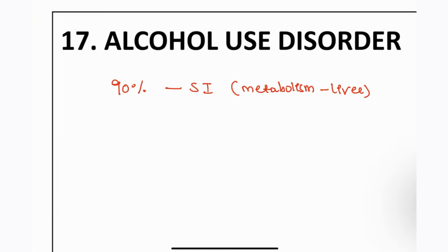So how is the alcohol going to be converted, guys? First, alcohol is in the form of ethanol, right? This ethanol is going to be converted into aldehyde with the help of alcohol dehydrogenase.